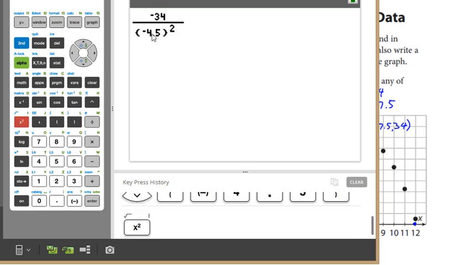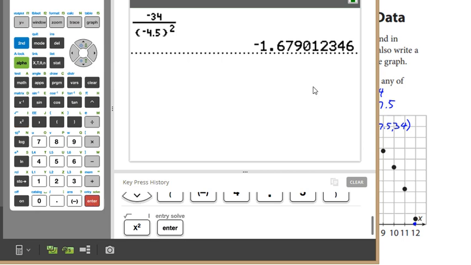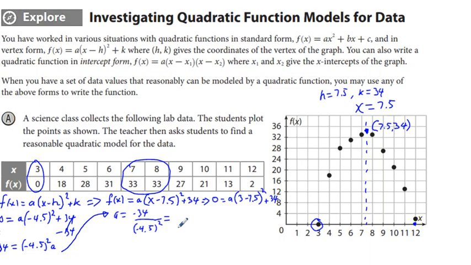Now I hope you realize that it wouldn't matter if we made this in parentheses negative 4.5 or positive 4.5, it would be the same either way. So we get a negative 1.679, at 3 decimal places.